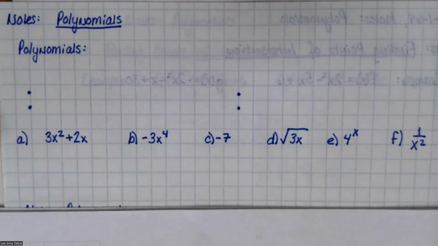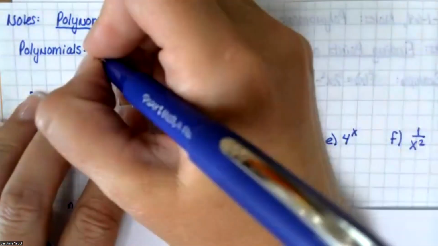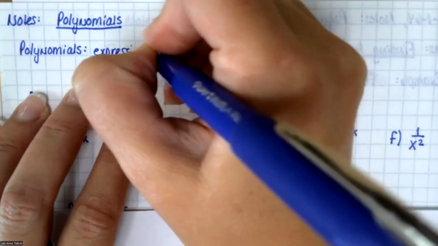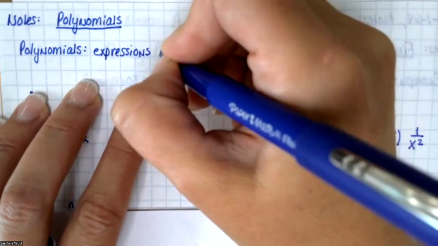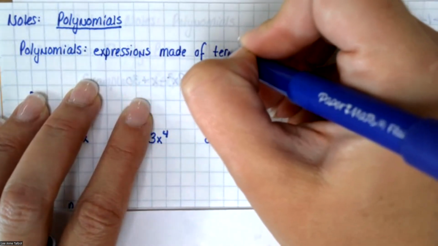All right, guys, so let's finish up. My bad. Okay. Polynomials. There's a homework question coming that's going to ask you whether or not something's a polynomial and why. And so I need to make sure that you know what polynomials are.